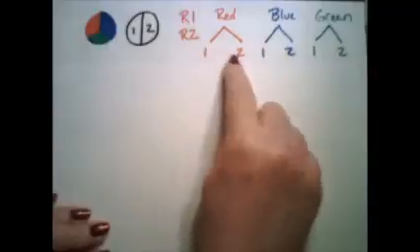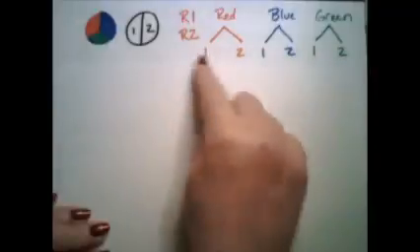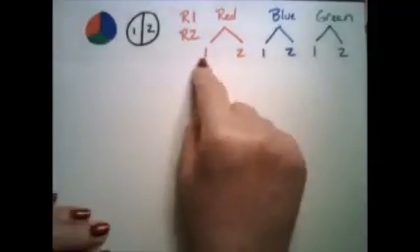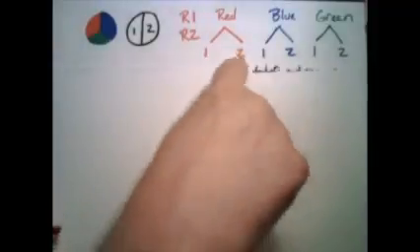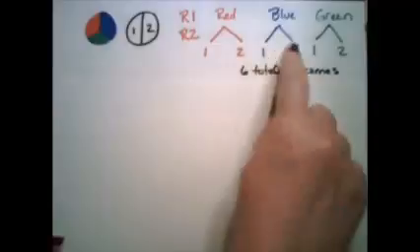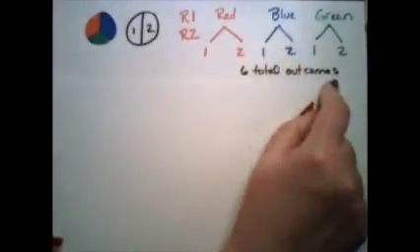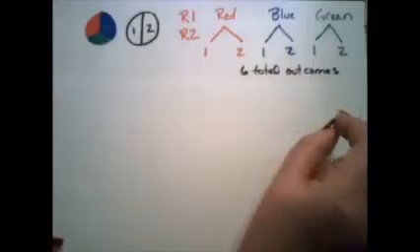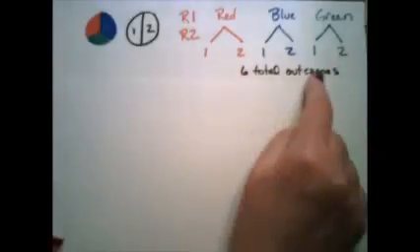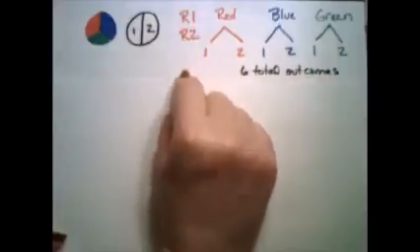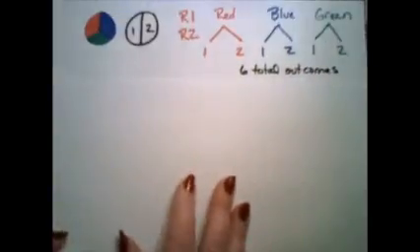And if you count the number on the bottom, 1, 2, 3, 4, 5, 6, that gives you all the possible outcomes. You could have a red 1, a red 2, a blue 1, a blue 2, and on and on. There are 6 total outcomes. So if the question asks you how many there are, you can just count. And if it asks you what they are, you have to write R1, R2, B1, B2, that kind of thing.